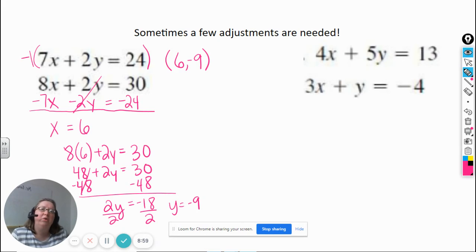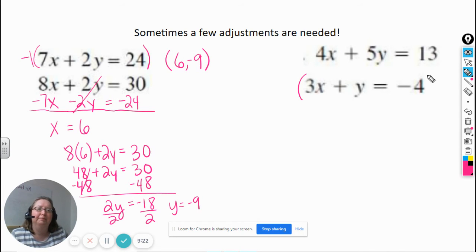Okay, now with these two, I need to get something to match and have like the opposite coefficients, right? So I wanted this one to be like a -4. That's not what it is. So I've got to multiply. Here we just multiplied through by -1 and we switched this so it was a -2 and a +2.